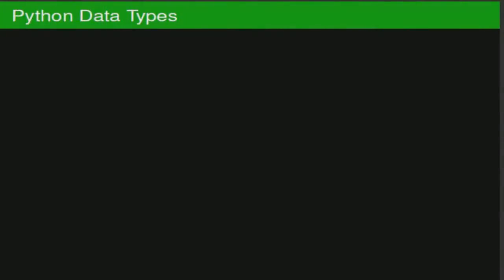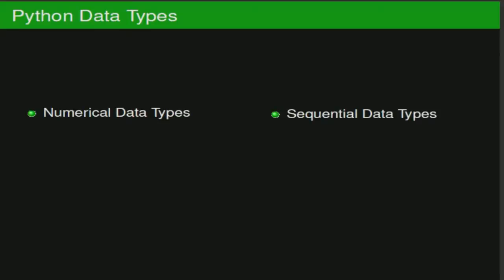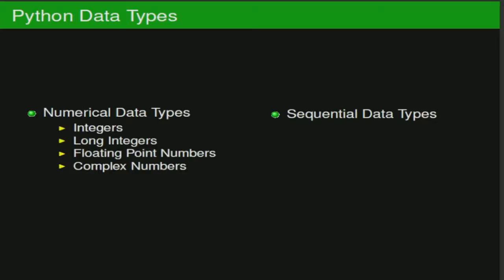So now let's review some of our Python data types. We really have two major categories of data types: numerical data types and sequential data types. Under the numerical data types, we have integers, long integers, floating point numbers, and even complex numbers.